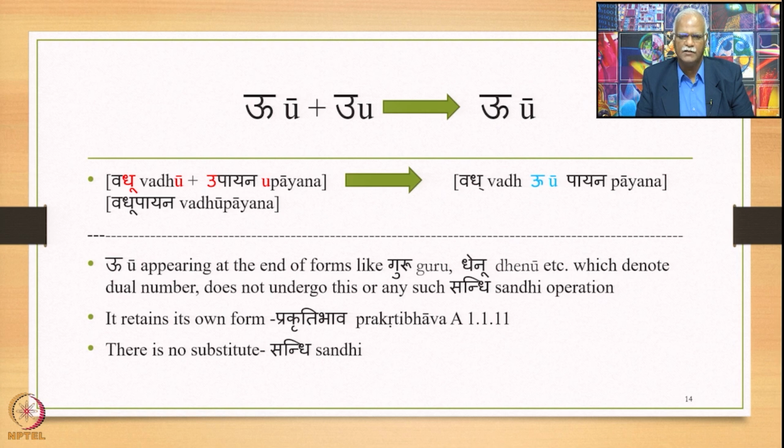The Prakriti Bhava is stated at Plutapragrihya Achinityam, and then the Pragrihya sanjna is defined by 1-1-11. So the Pragrihya vowels remain in their own form, and what is a Pragrihya is stated in the Sutra 1-1-11 and then the other sutras onwards.